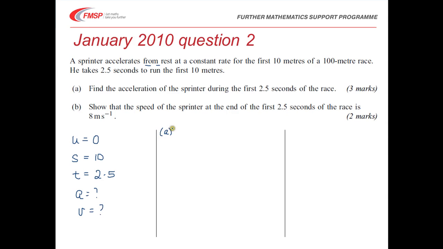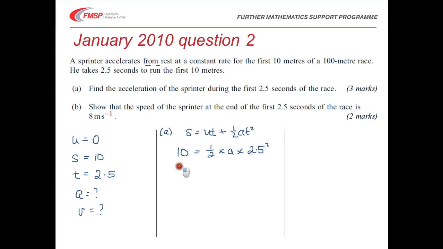So in part A we have u, s and t, and we're asked to find a, so we could use s equals ut plus a half at squared. And that means that s is 10, u is nothing, so we have a half times a times t squared, 2.5 squared.